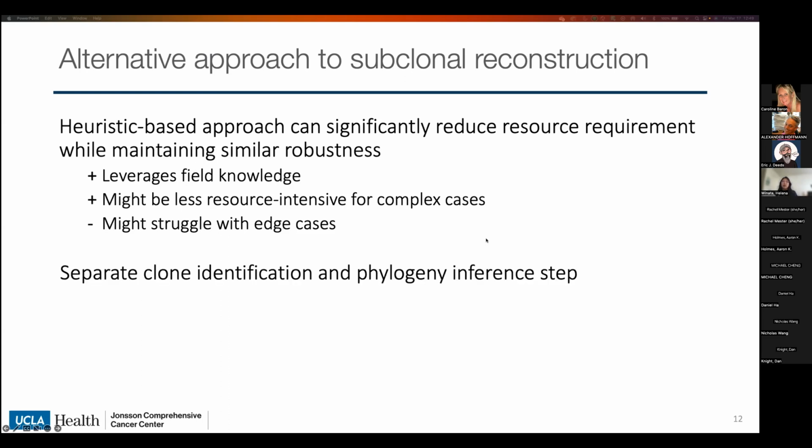So another big part of our algorithm is that we also separate the clone identification and phylogeny inference steps. And this means we're doing the clustering and the tree building in separate steps in order to simplify or restrict the parameter space for each step.